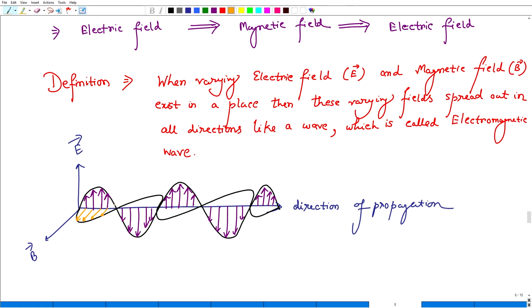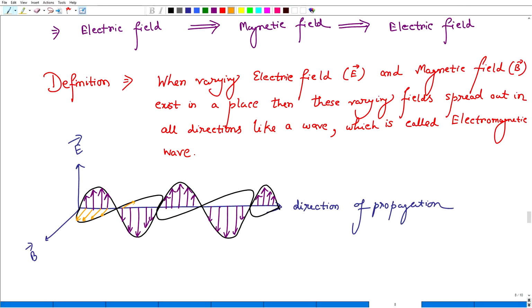Okay, so B is pointing in this direction. Now B is changing with respect to time as well. So now this magnetic field also creates the electric field in the perpendicular direction. In this fashion it will propagate, and the direction of propagation is perpendicular to both the electric field and the magnetic field. Okay, so this is the electromagnetic wave.